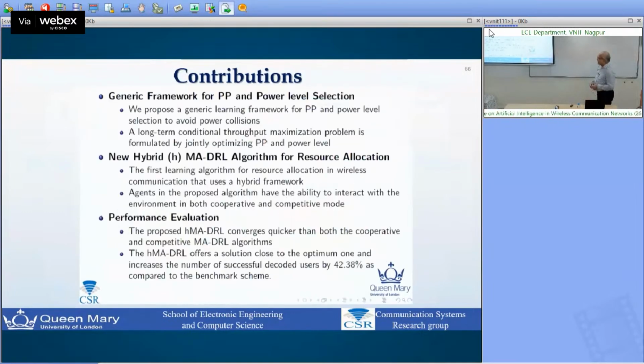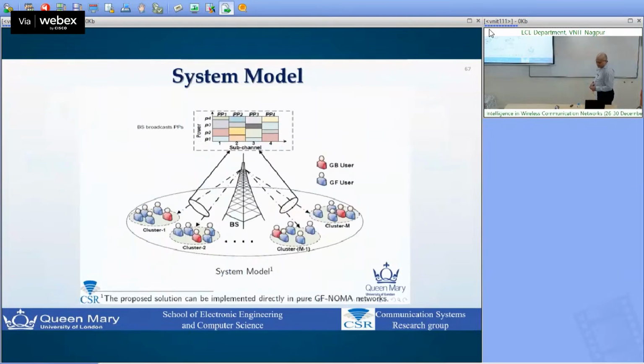Okay, so now we are going to consider the scenario here. Every sub-channel we consider as a cluster. For every cluster, we are going to have a separate power pool: power pool 1, power pool 2, power pool 3.